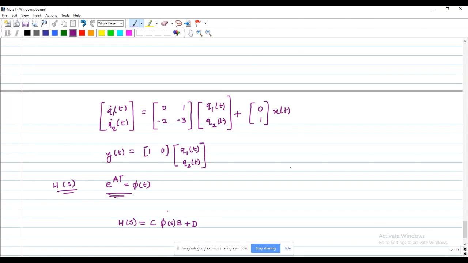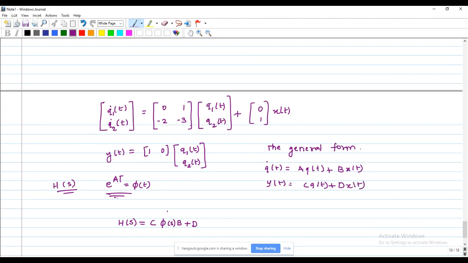So we know the general form: q dot t is equal to A q t plus B x of t, and y of t is equal to C q t plus D x of t.